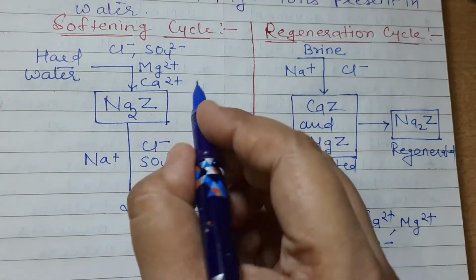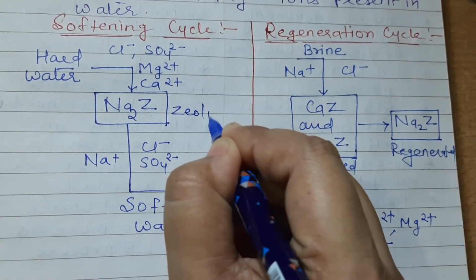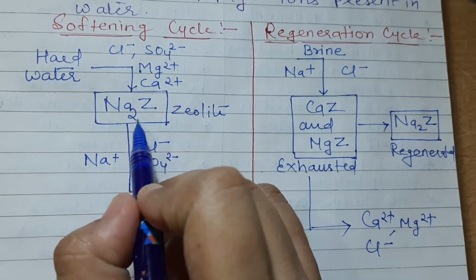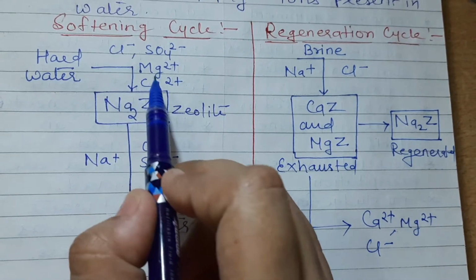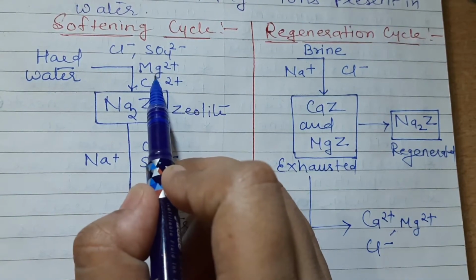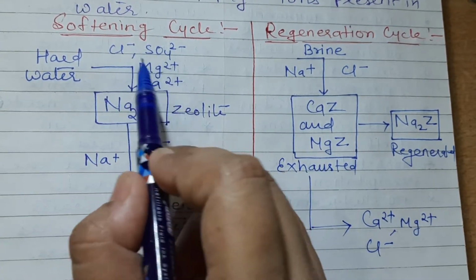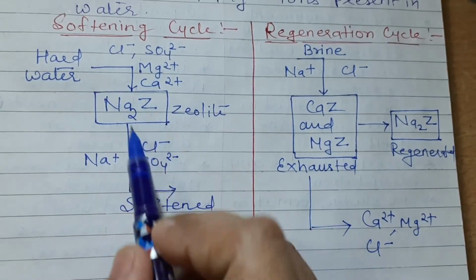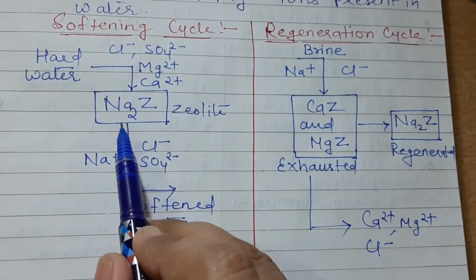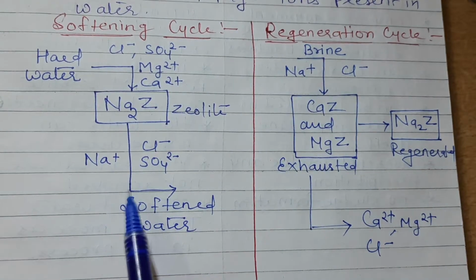Here is a zeolite represented as Na2Z. What happens? Hard water containing calcium and magnesium ions and so many other anions like chloride and sulfate, the acid radicals, is passed through the zeolite having exchangeable sodium ions.